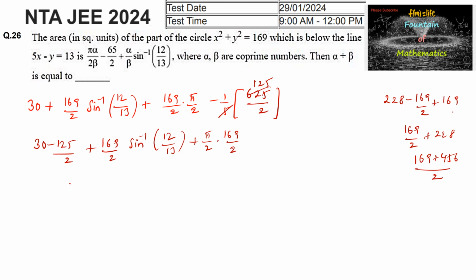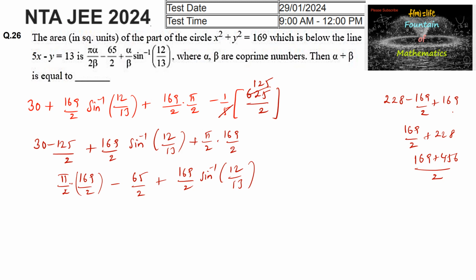So I may write here first pi by 2 into 169 by 2 minus 65 upon 2 plus 169 upon 2 sine inverse of 12 by 13.